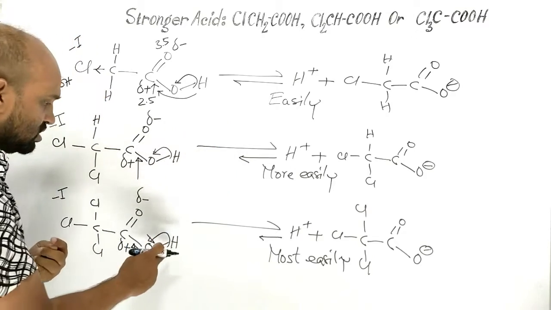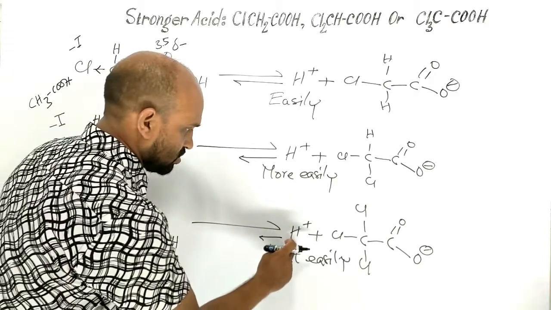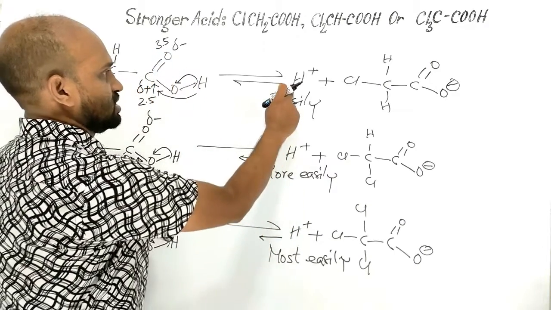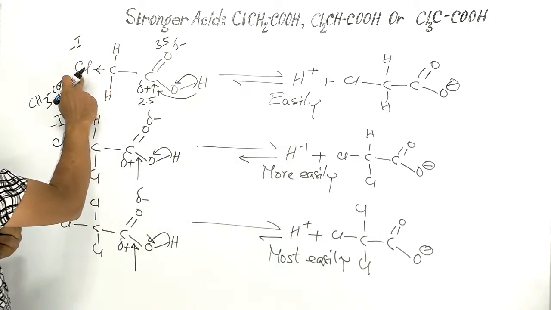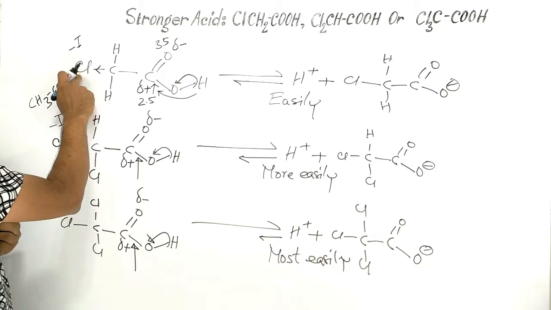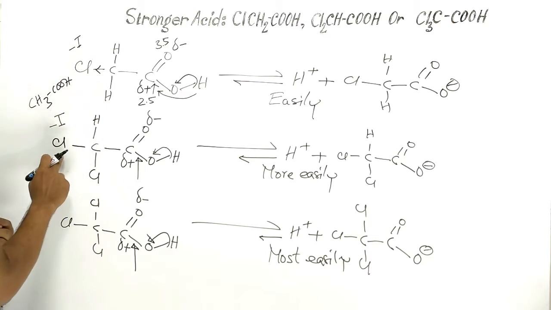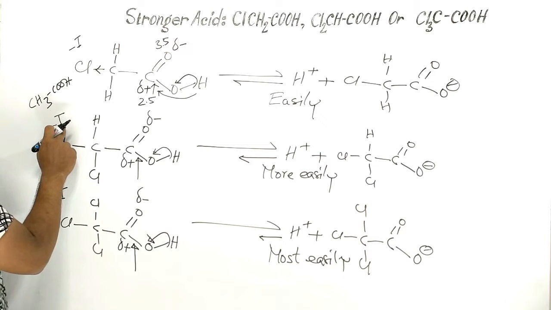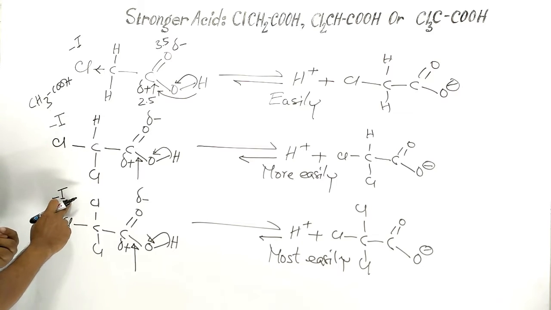So here the proton is produced from this hydrogen most easily, here more easily, and here easily, because of the presence of only 1 negative inductive effect atom here. Here 2 atoms present, 2 minus inductive effect atoms. Here 3 minus inductive effect atoms present.